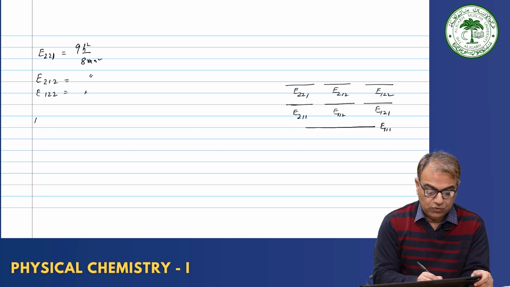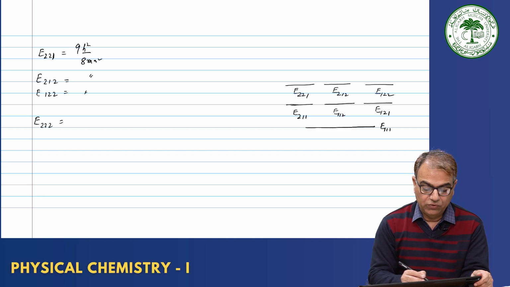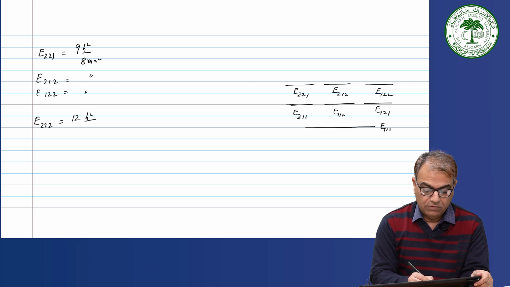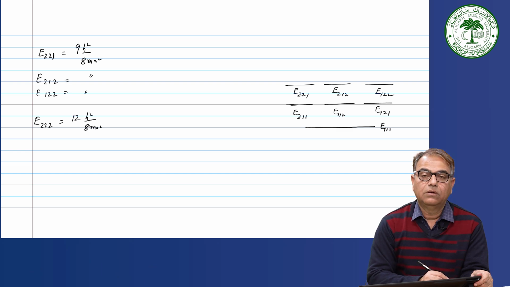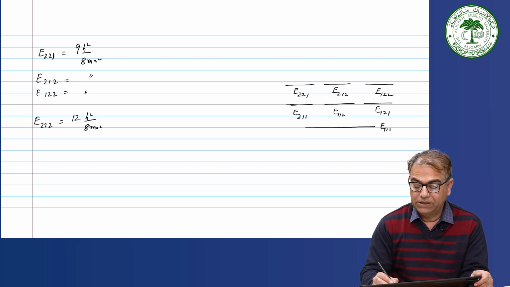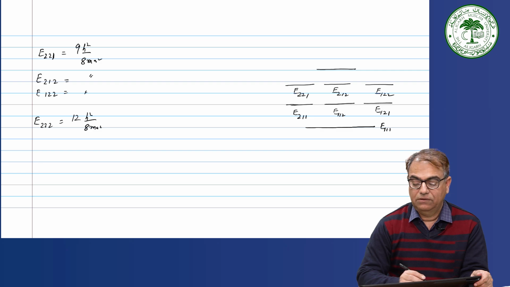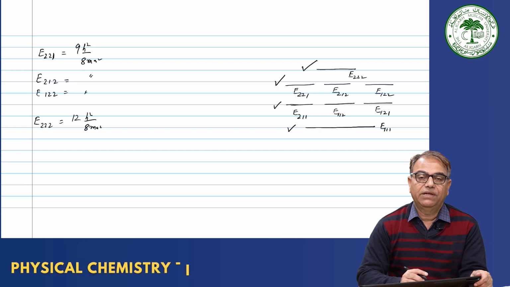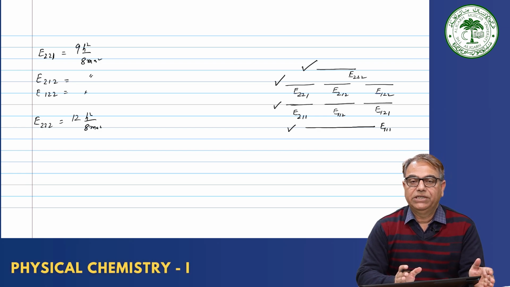And if you go for E222, then 4 plus 4 plus 4, it will be 12. Is it possible to write another combination of the wave function? No, it will be singly degenerate. So you see that this is triply degenerate, this is triply degenerate, this is mono degenerate, and this is mono degenerate.